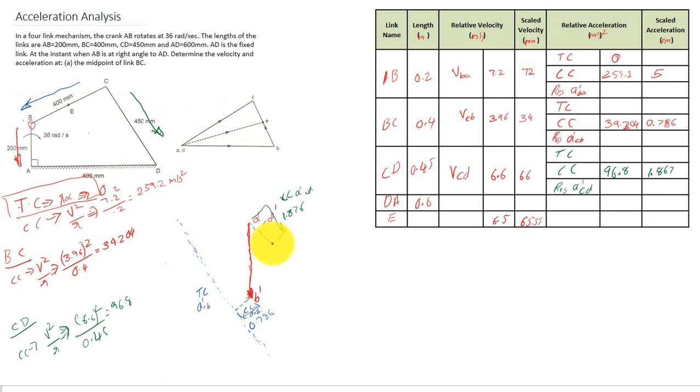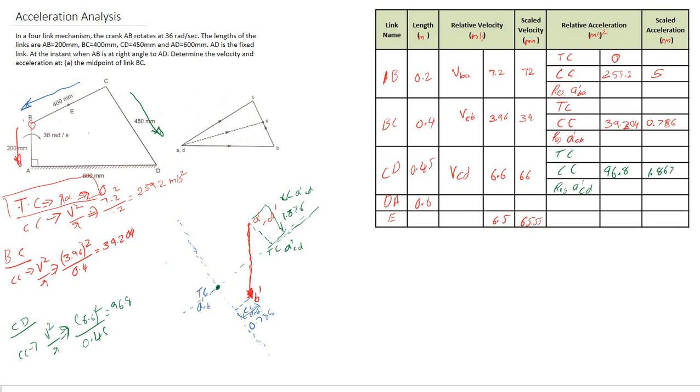Next, from this point I have to draw a perpendicular, which is the tangential component of acceleration of C with respect to D. This vector and this vector will meet at a common point.